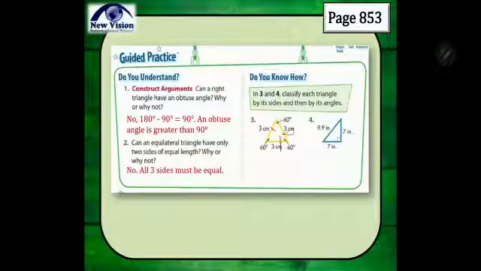And the angles, 60 degrees, which is acute angle, 60 degrees acute angle and 60 degrees acute angle. So that means this triangle is an equilateral acute triangle. Next, for number 4, we have two sides that are equal, 7 inches, and one right angle. So this triangle is an isosceles right triangle.